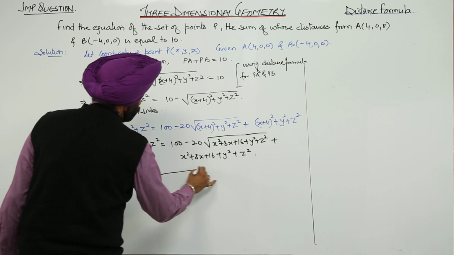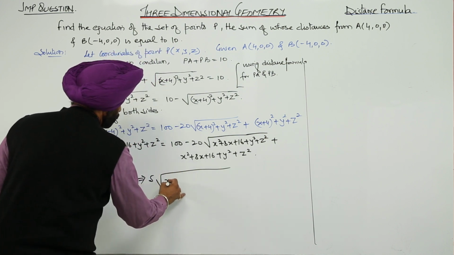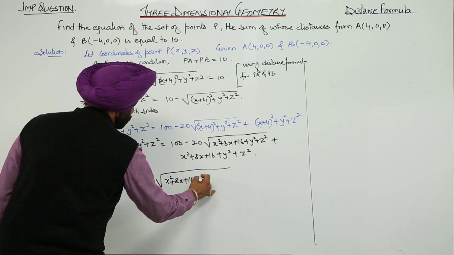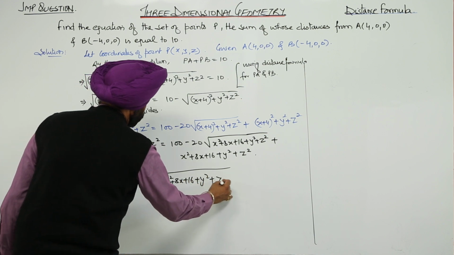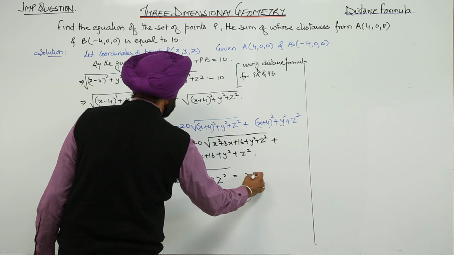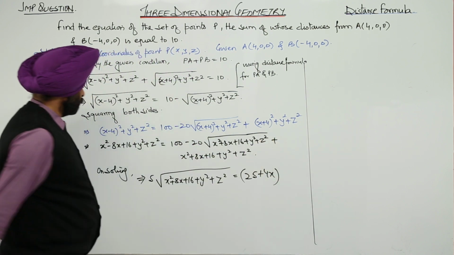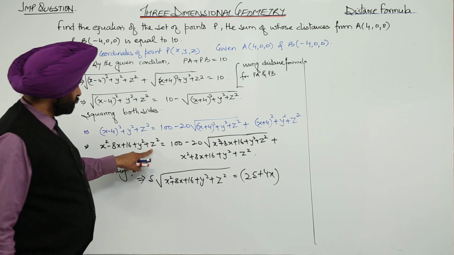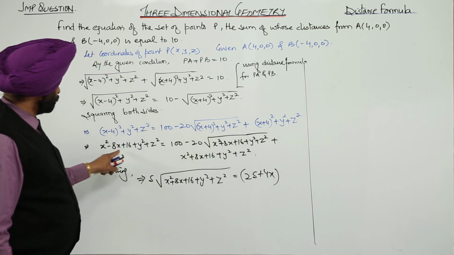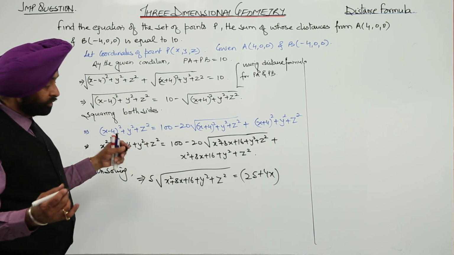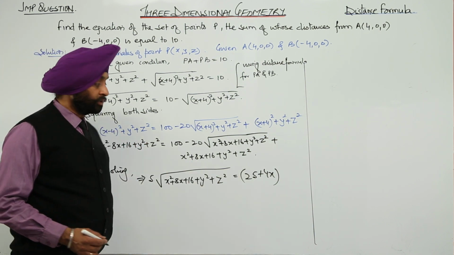Now this you have to do it, you have to solve it yourself. x square plus 8x plus 16 plus y square plus z square is equal to 25 plus 4x. Okay, y square and z square, these two terms will be cancelled, then 16 and 16 will be cancelled, x square and x square will be cancelled. So what is left? Simple, 25 plus 4x.